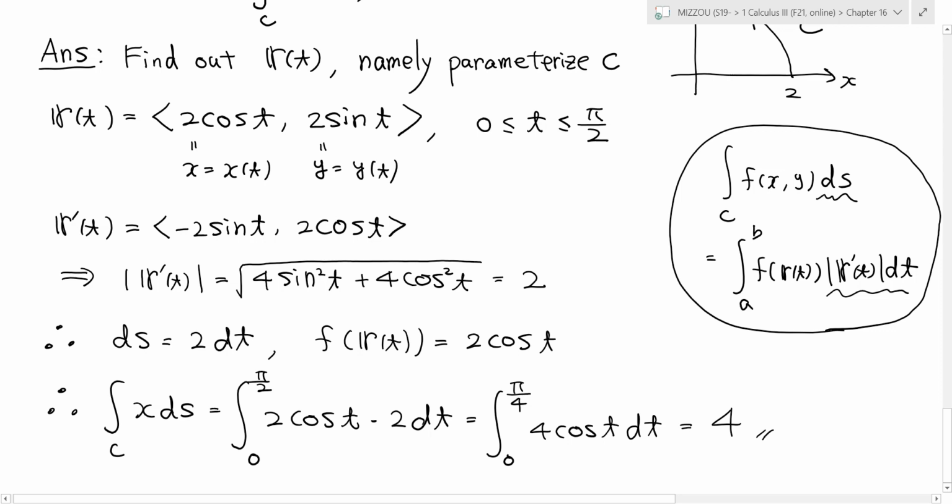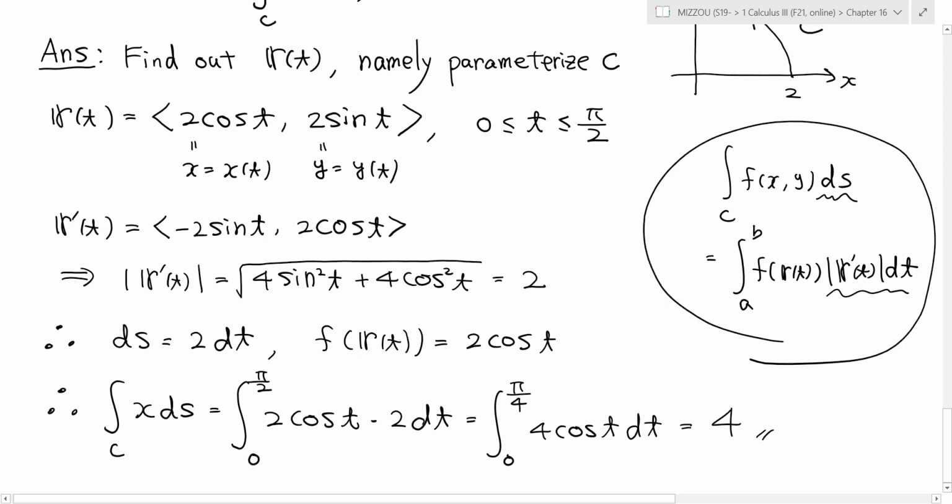Okay, so let me just summarize. In a way, the idea is quite simple. So usually you are given a line integral like this, and then what you have to do is to parameterize the curve C. And then once you find R of t, but depending on the problem, R of t is already given.